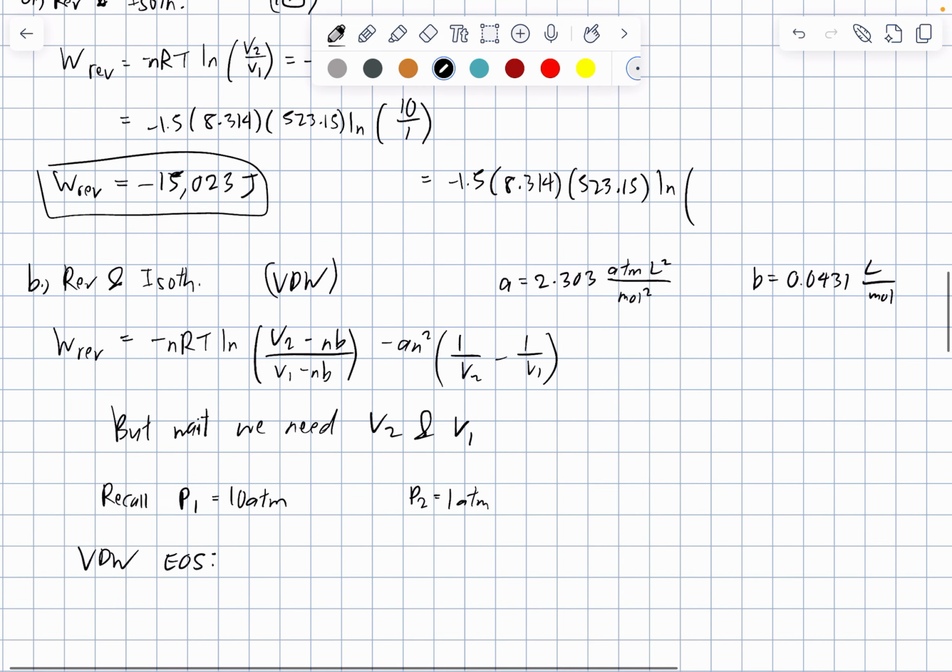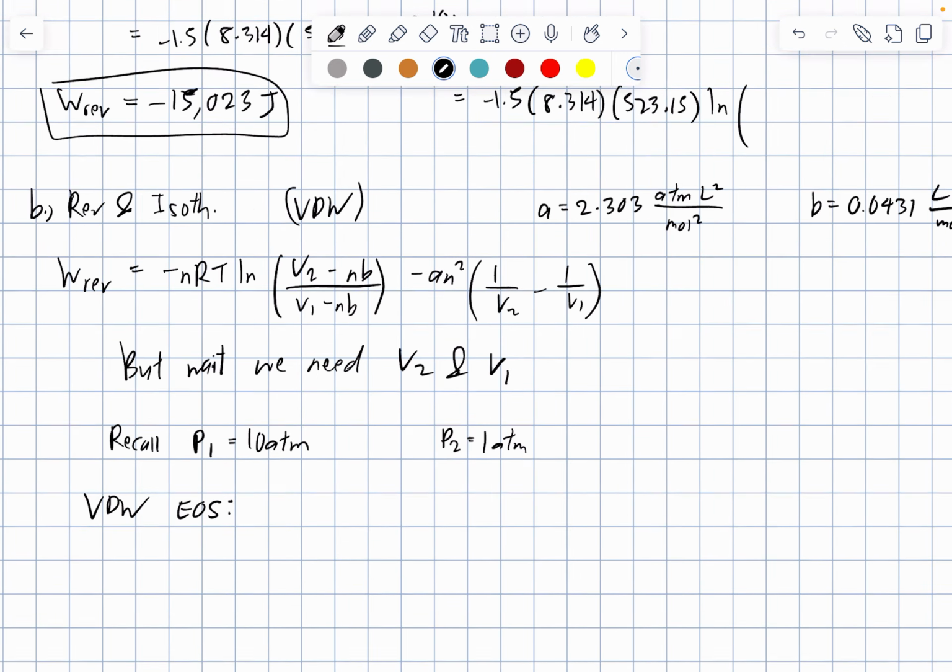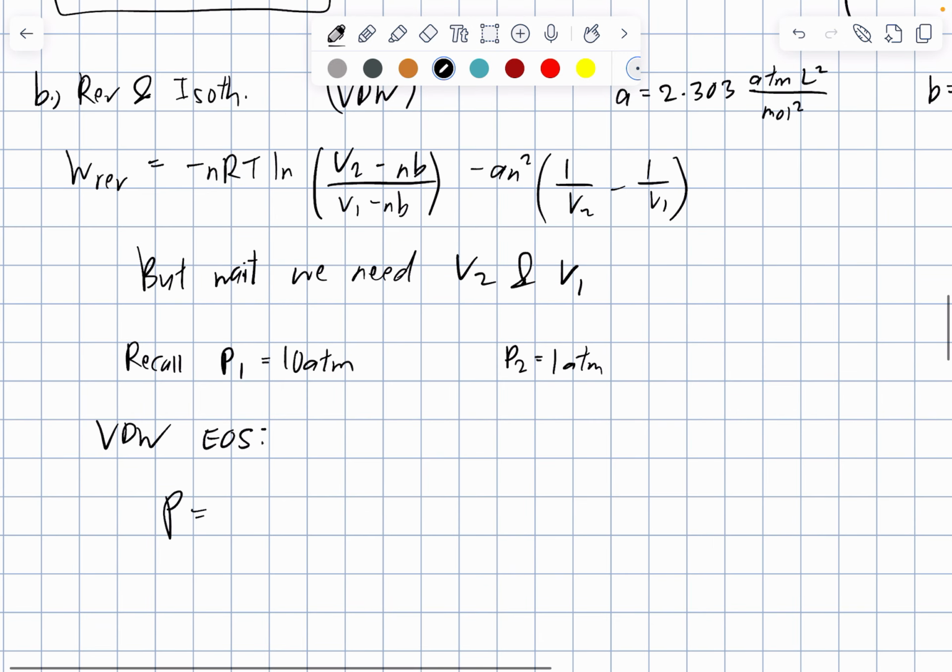By the way, the van der Waals equation of state is P equals nRT over V minus nb, minus a n squared over V squared. I think this is the one. Let me just verify. Yep, sounds about right.